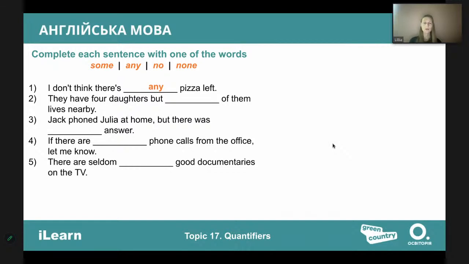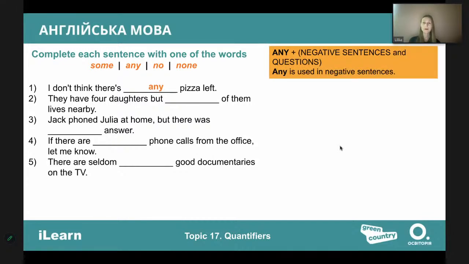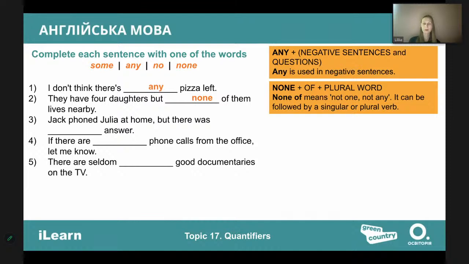Number 2, they have 4 daughters, but none of them lives nearby. We have but, a contrasting idea, so choose the best option. But none of them, жодна з них не живе поруч.